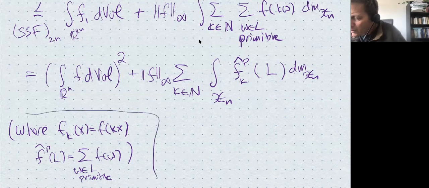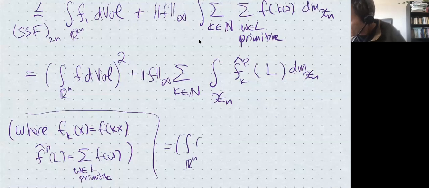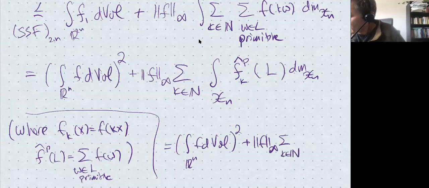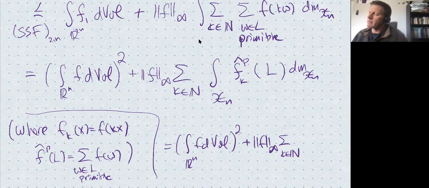And so here we're getting this. And here we're getting the sup norm of f and the sum over k and n, and we're getting the integral of fk on Rn multiplied by a constant.